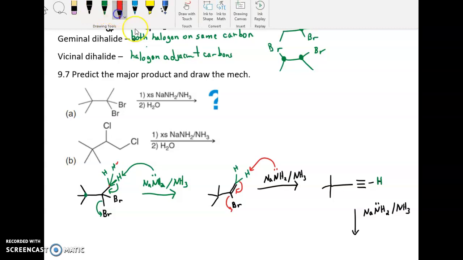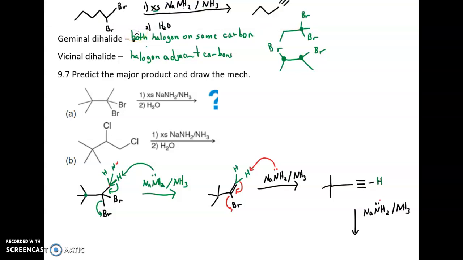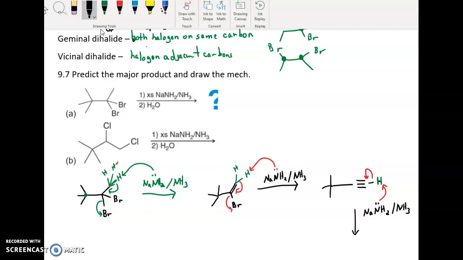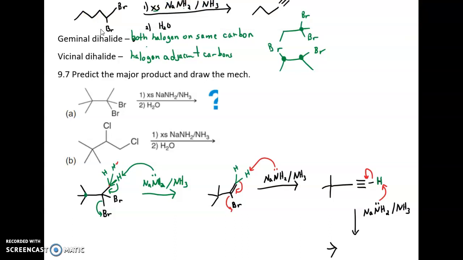Remember, we have an excess of this amide, so it's going to steal the last proton, and then the electrons that are joining the proton to the carbon will go and live on the carbon, and we'll get the structure with a negative charge here.